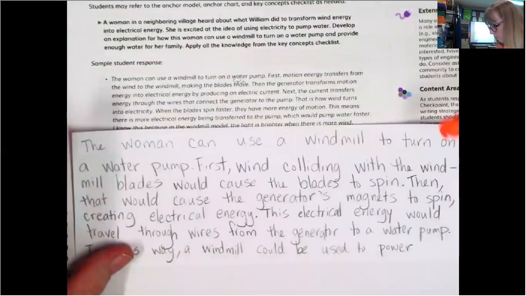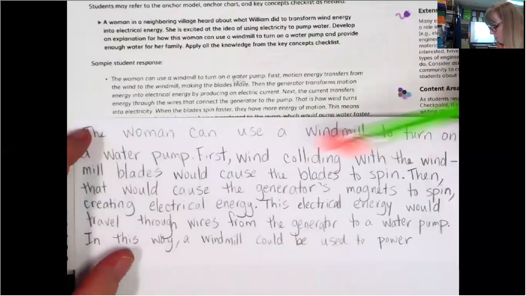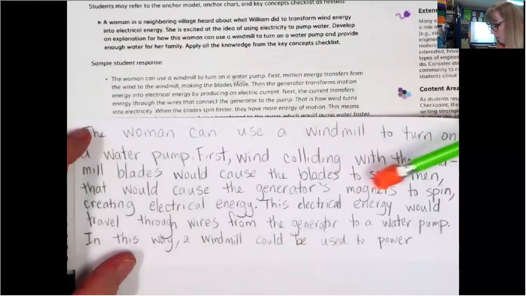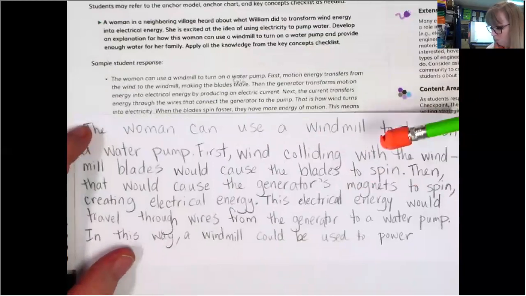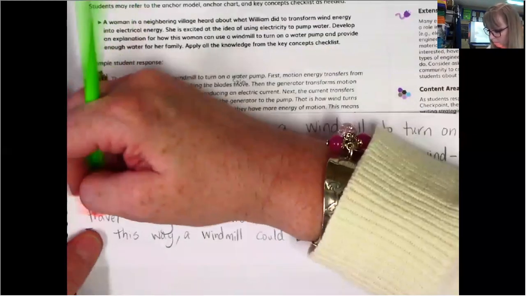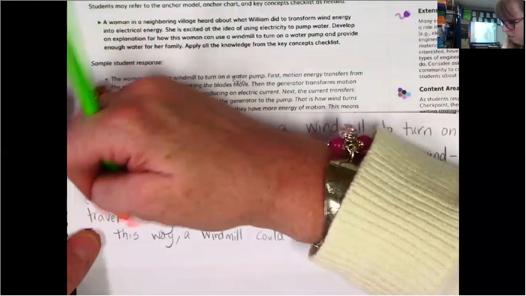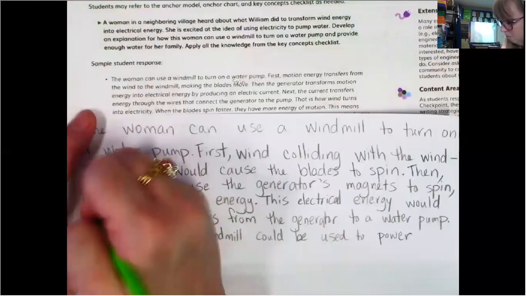Okay, wind colliding with the windmill blades would cause the blades to spin. Then that would cause the generator's magnets to spin, transforming into electrical energy. That's why we use pencil.